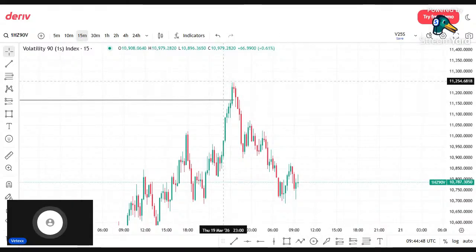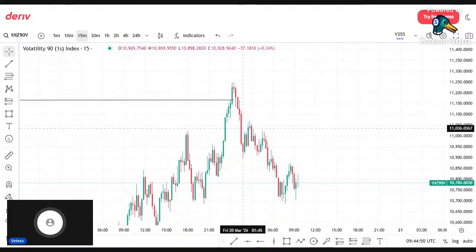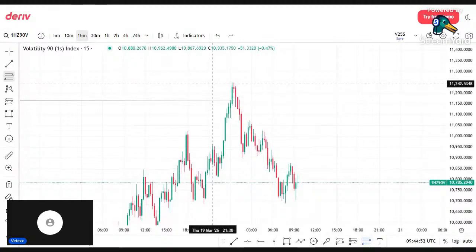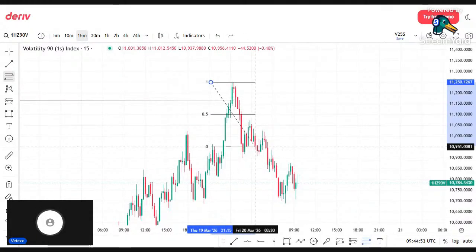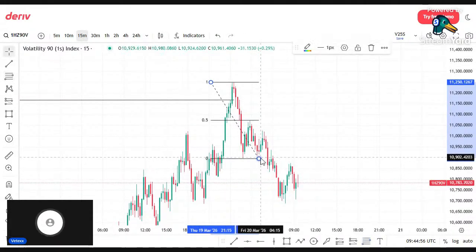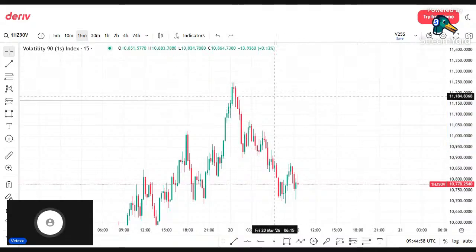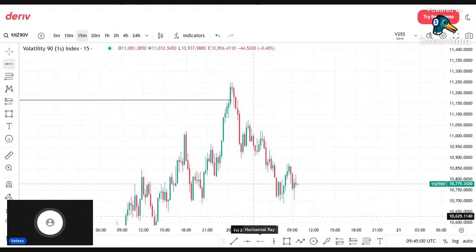We mark from this protected high, from this zone here to this zone. This is up to 50% retracement. So this is going to be our new structure on V91S.